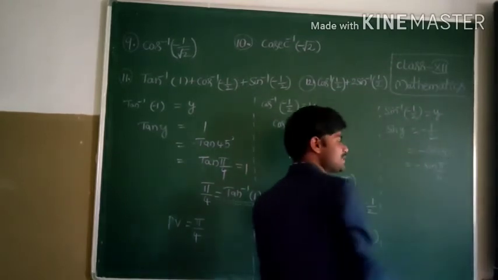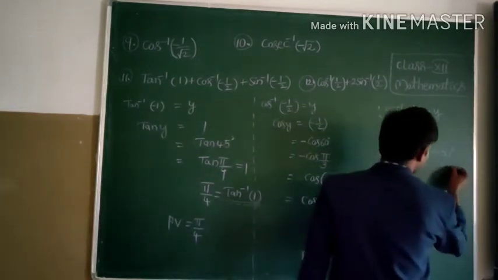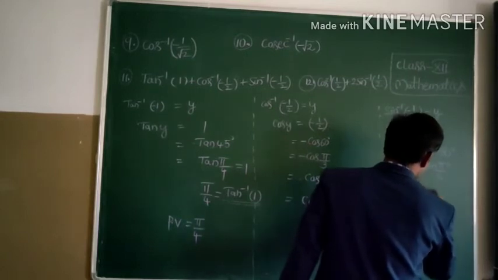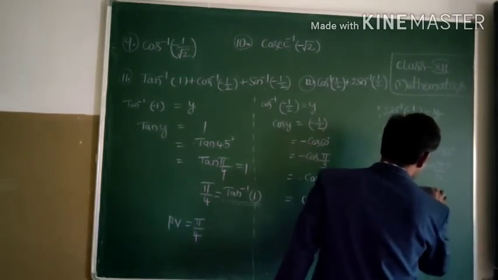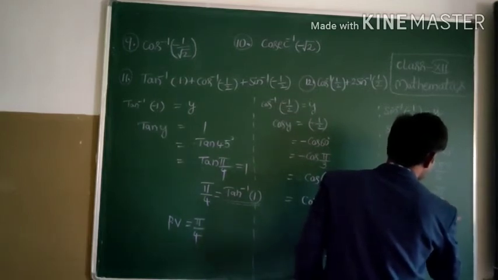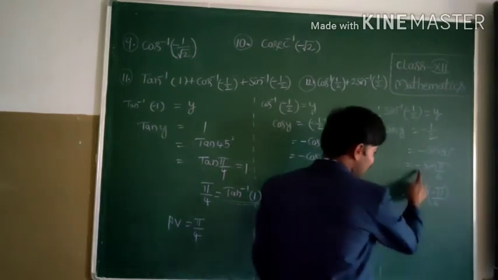So you have to convert this type of degrees into radians. So sine of 5 by 6 here it is. Again I can write minus, so here it is sine of minus 5 by 6. Why can we write this?